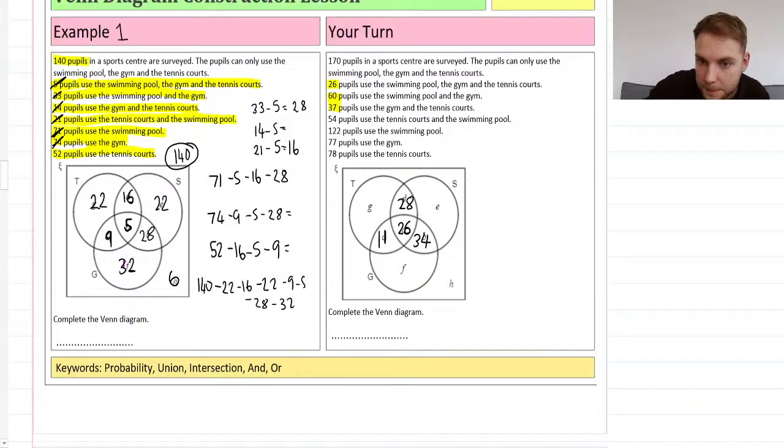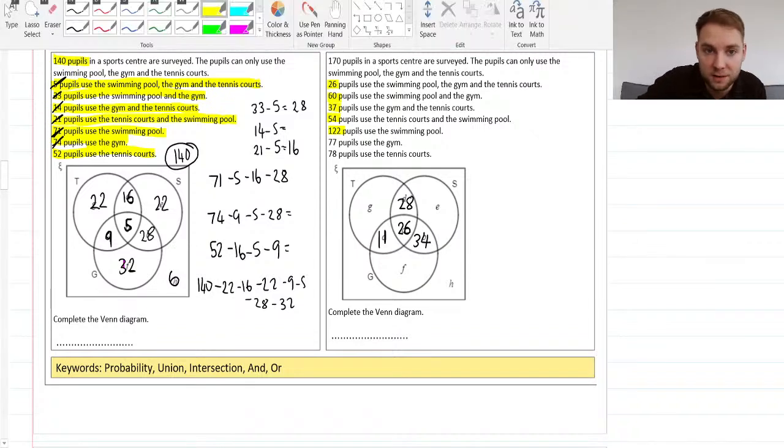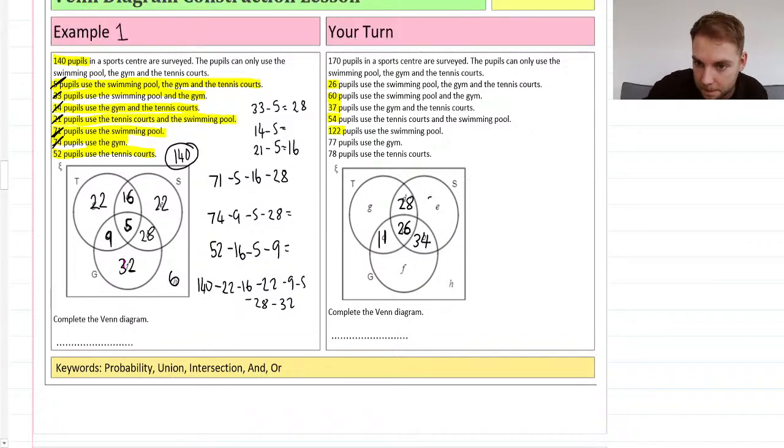Done that one then. Next one is the swimming pool. So all of the swimming pool, which is all of this section, this section, this section, and this section. So to work that one out, I need to do 122 minus 28 minus 26 minus 34, which is equal to 34 outside here. And cross that off.